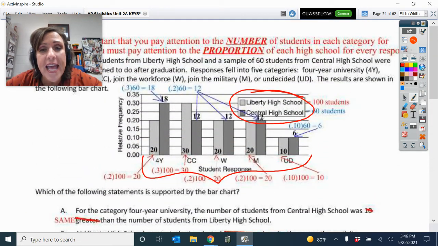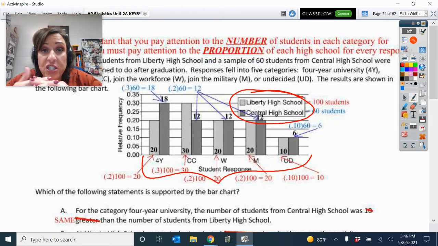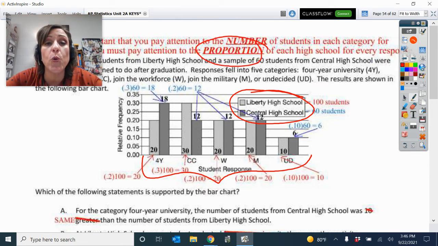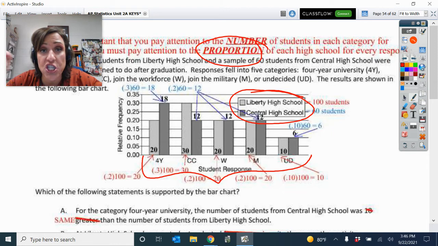Are they related? And in order to discuss that relationship between them, you must pay attention to the proportion or the rate at which students from those high schools do those things. And the reason we have to pay attention to the rate is because they have different totals.